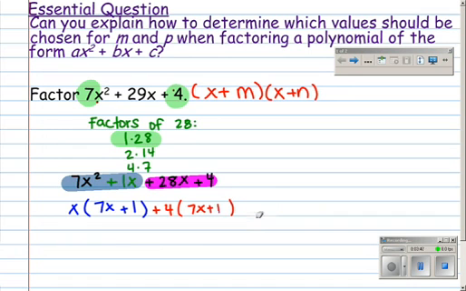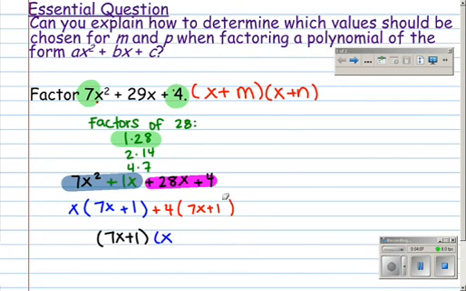So now, if we look at this blue group and this red group, we notice that both groups have a greatest common factor of 7x plus 1. So when we go to write our answer, our greatest common factor is 7x plus 1. And if we factored 7x plus 1 out of the blue group, the only thing that we would be left with is x.